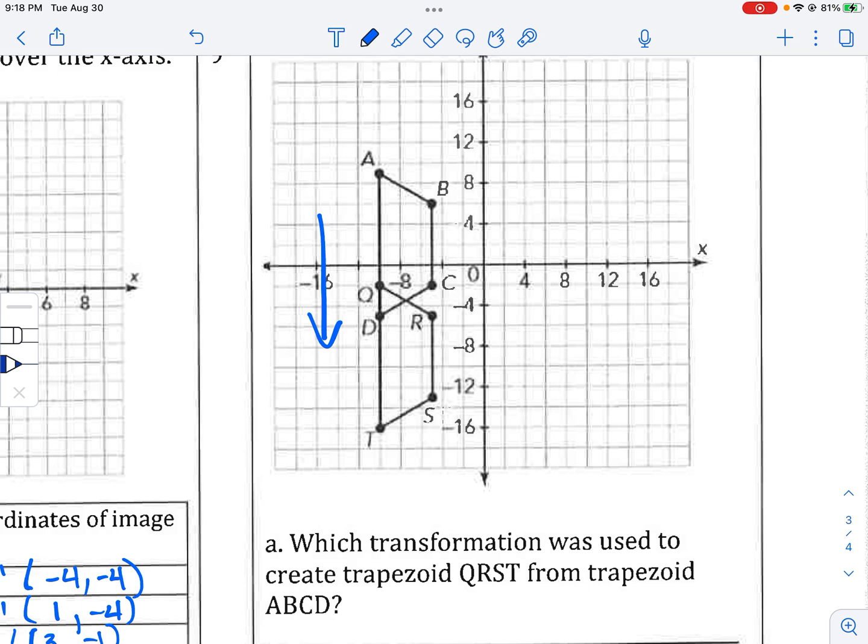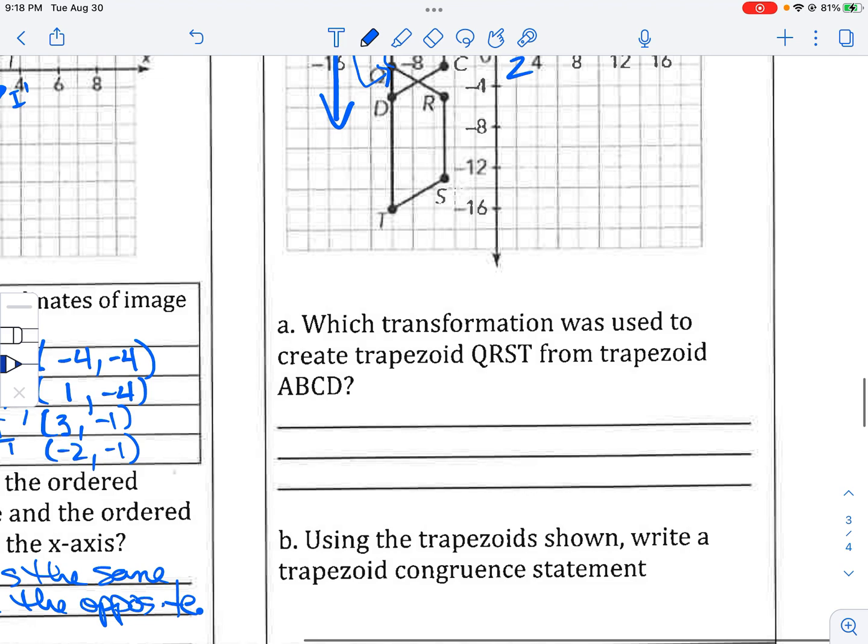So it went down. So this point right here, down to this point right here. So these are going up by 2s, boys and girls. So this would be 1. This is 2 more, so that's 3, 5, 7, 9, 11. So that went down 11. Okay.